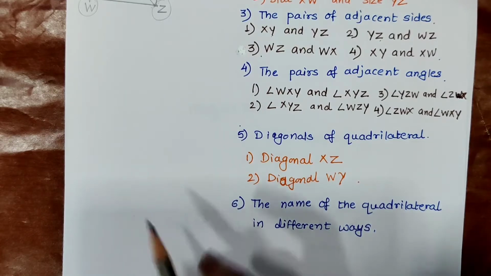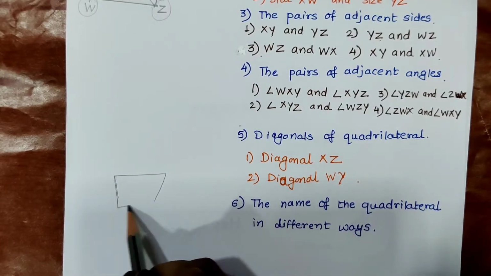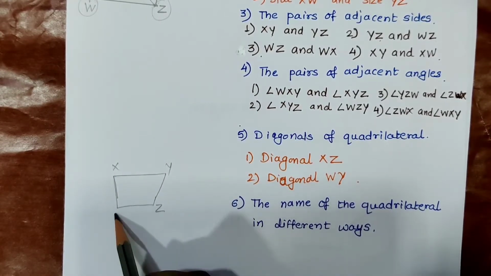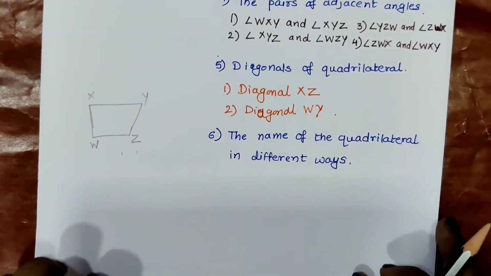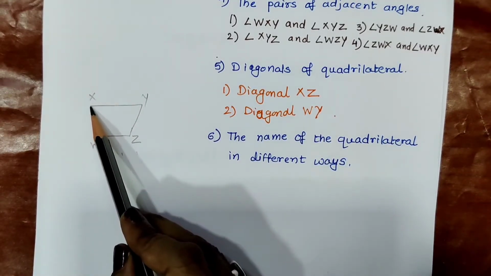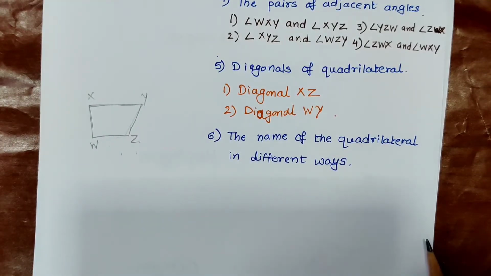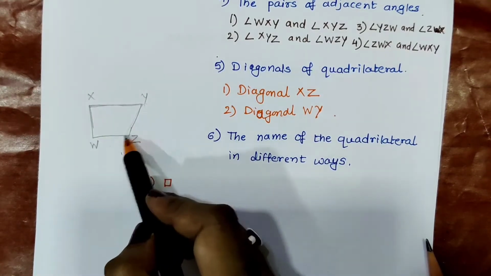Okay, now we have to write the name of this quadrilateral in different ways. We have seen that the name of a quadrilateral can be written in 4 different ways. So this is the quadrilateral which we have drawn, XYZW. I am drawing again in rough so that we can write the names in 8 different ways. If you start from X and go in the clockwise direction, what will be the name? Quadrilateral XYZW.